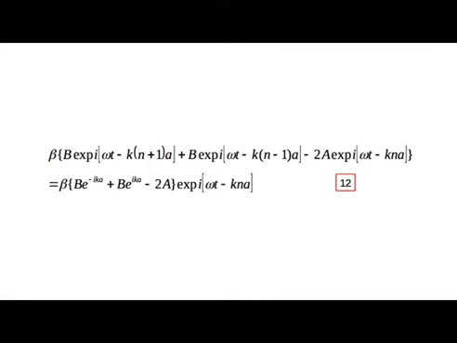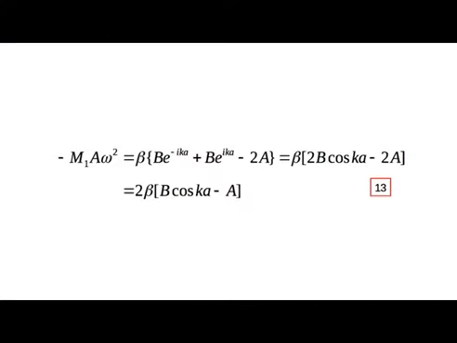It is a very straightforward derivation. So, from equation number 11 representing the left hand side and equation number 12 for the right hand side, we get minus M1 A omega squared equal to beta into b e raised to minus i k a plus b e raised to i k a minus 2 a, which will come out to be 2 beta b cos k a minus a.